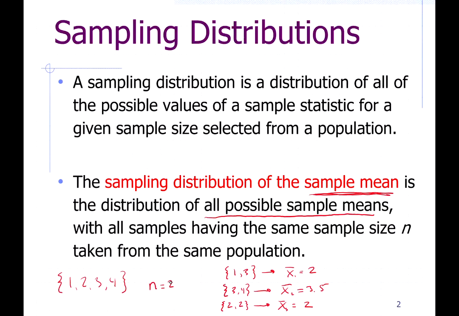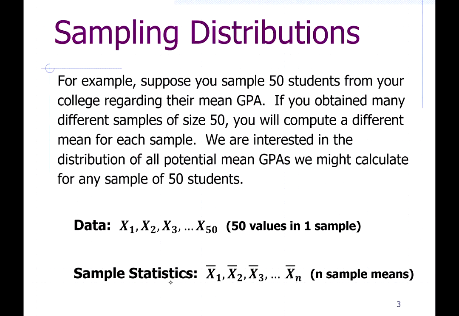All right, so that's what we're going to be discussing here. So for example, let's say you have 50 students from your college and you're looking at their GPA, their grade point average. There's a lot more than 50 students in the college, and we're picking samples of size 50. Well, our data is a list of 50 numbers, and our sample statistics are the means of those samples.